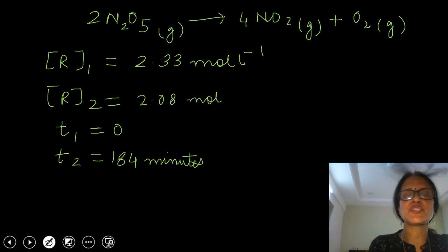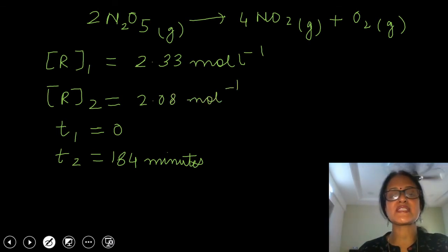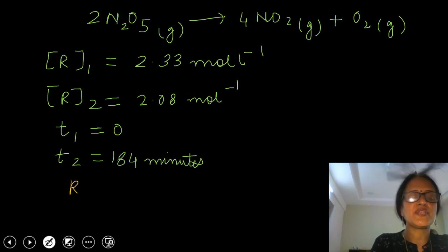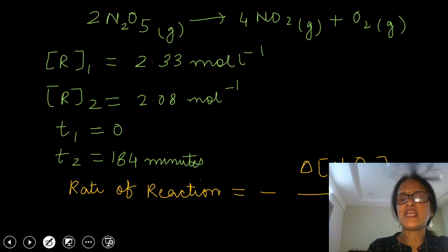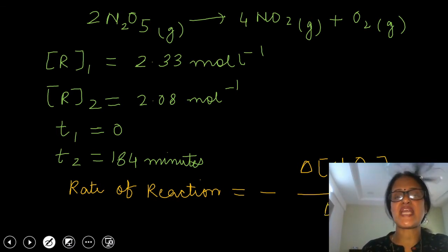We know as the reaction proceeds, the concentration of reactants decreases. Rate of reaction will be equal to minus delta N2O5 by delta t. Minus sign we have taken because we are expressing the rate of reaction in terms of concentration of reactants.